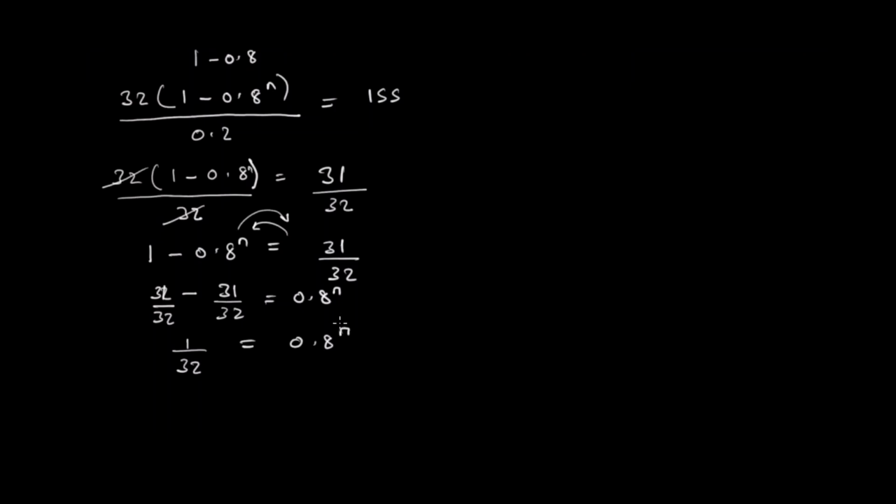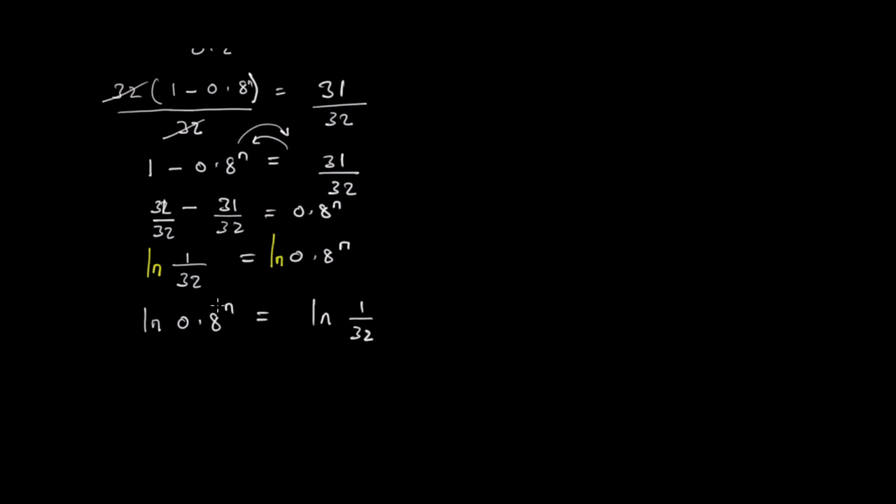Kana takuda kuziva kuti n uyu angambori chi, ticha introduce natural logarithm ln. Saka panapa tiri kuti the natural logarithm of 0.8 to the power n is equal to the natural logarithm of 1 over 32.